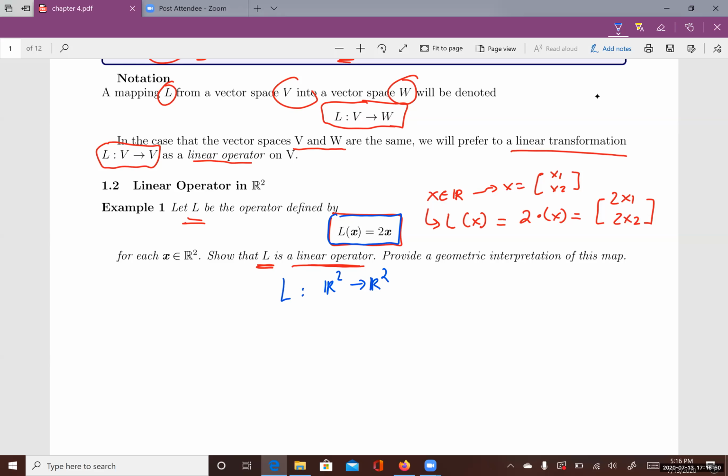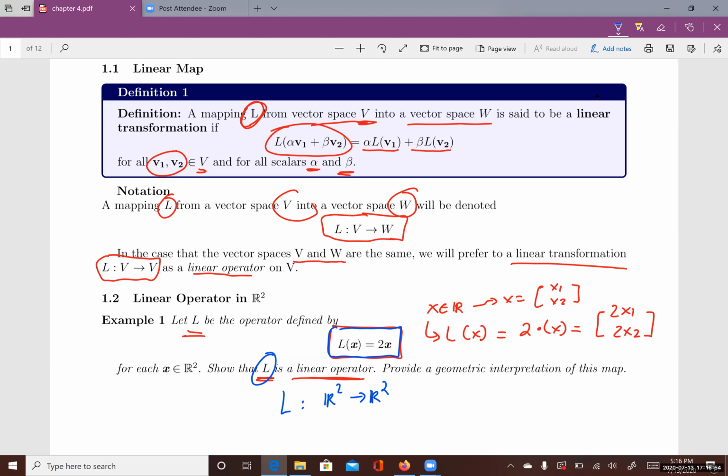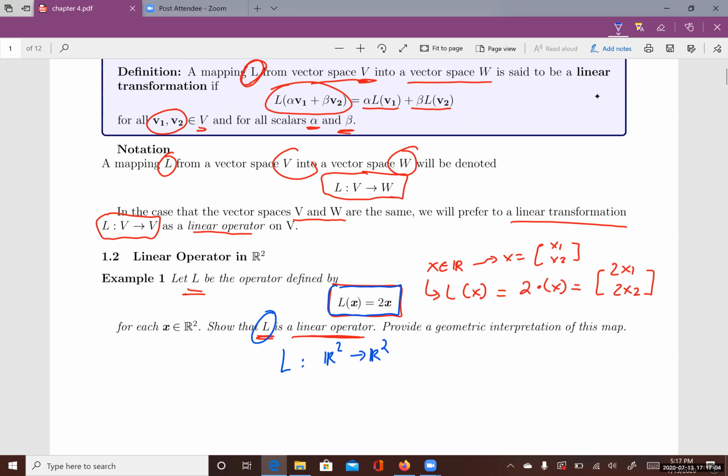In order to show that this map is a linear operator, you need to show that it satisfies these conditions. When you have two random vectors in R2 and two random scalars, alpha and beta, you need to make sure that this equation here is true.